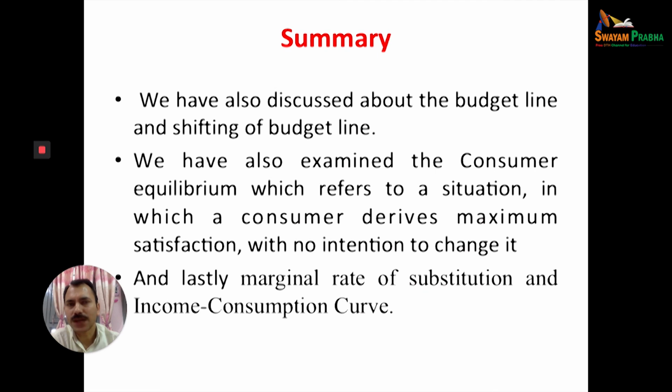When we assume that the price of one commodity, for example a food item, remains constant and the non-food item changes, if the price of the non-food item increases, then the consumer can purchase less of the non-food items. The budget line, the price line, will shift to the left-hand side. When the price of the non-food item reduces, the price line or budget line will shift to the right-hand side. Here the consumer can purchase more of the commodities.